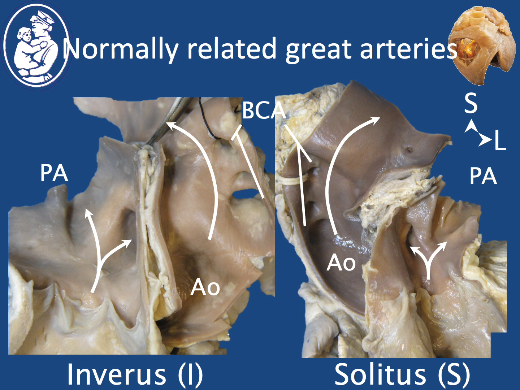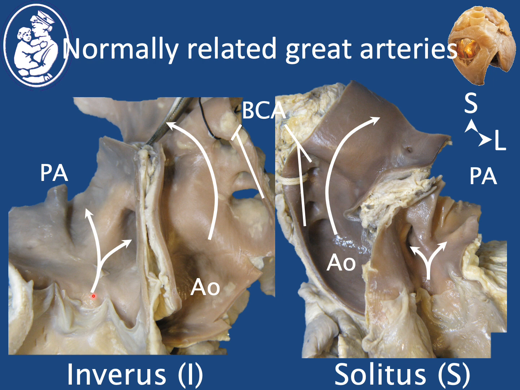The mirror image of this in situs inversus has the aorta posterior and to the left, just the opposite of what we saw in situs solitus great arteries. It forms an arch and has brachiocephalics arising from the aortic arch, as we saw in situs solitus, just the mirror image of situs solitus.